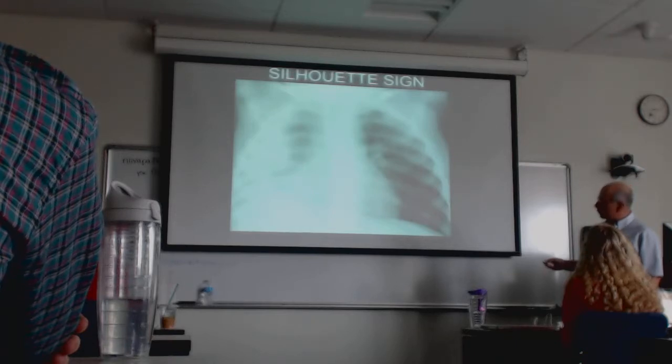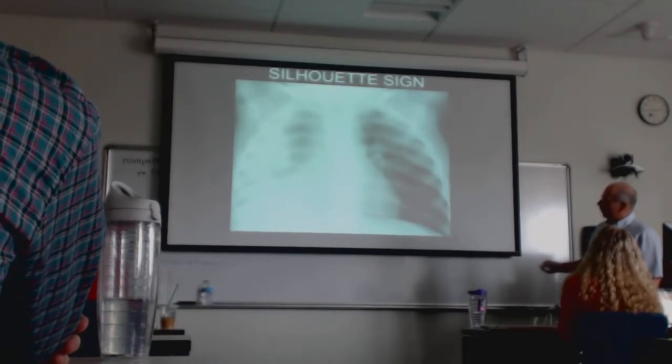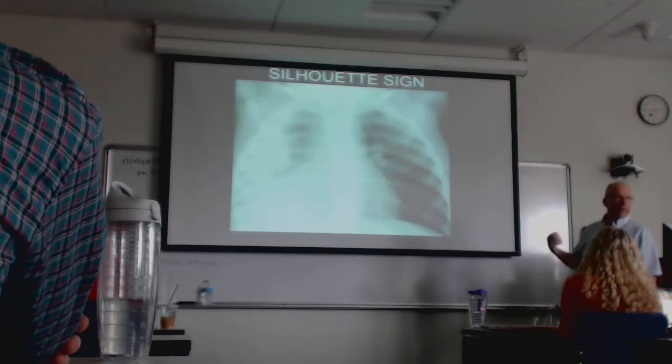Does it obscure the right margin of the heart? If this is the heart here, you would expect the margin to be about here. It's gone. This density goes all the way out to here. That's not all heart, is it? Hope not. So there's an opacity in the lower half of the right hemithorax obscuring the right heart border.